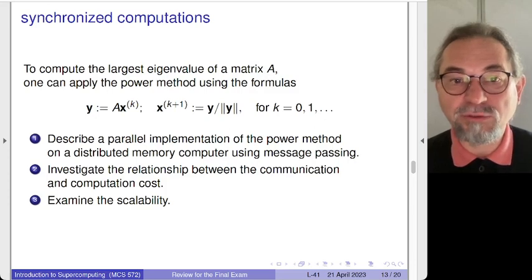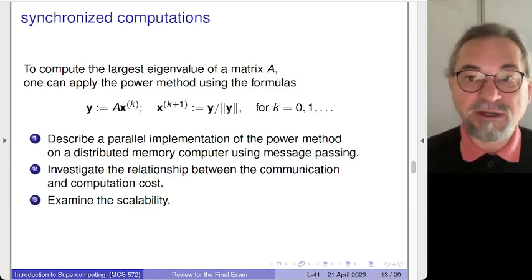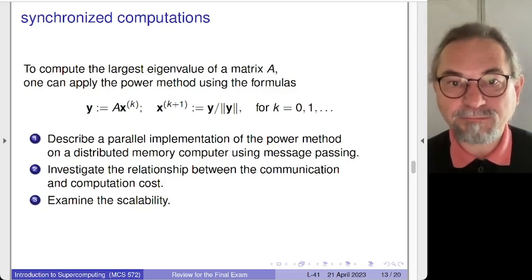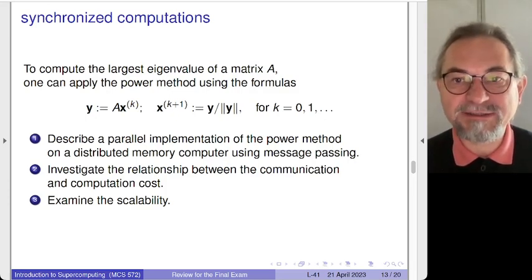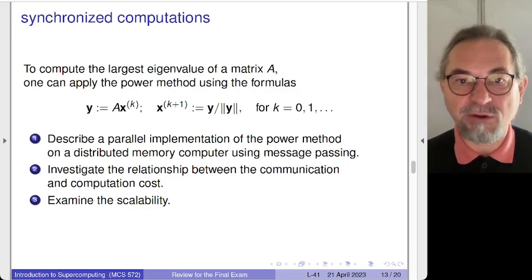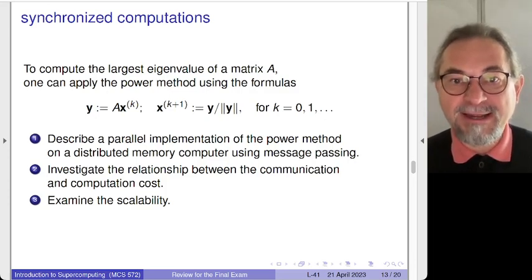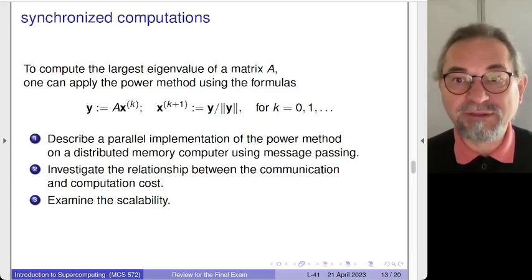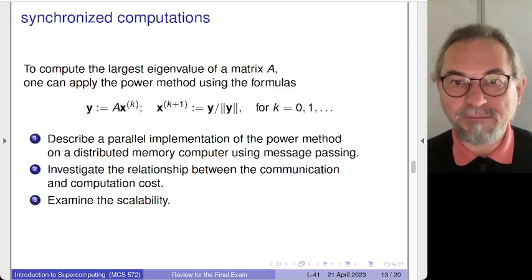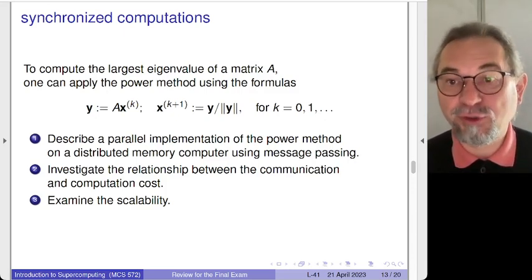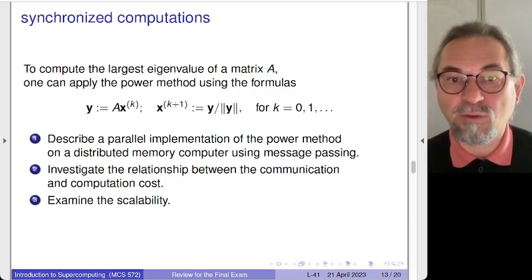When you describe the parallel implementation, you have to decide on the granularity. There is the partitioning of the matrix, and then there is also the computation of the norm. The norm is not specified here, but you better use the one norm.